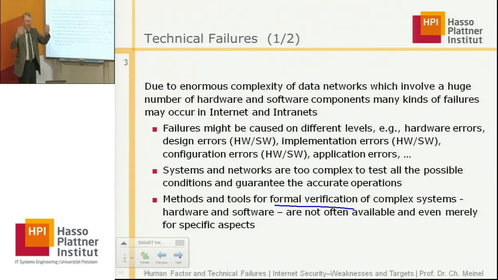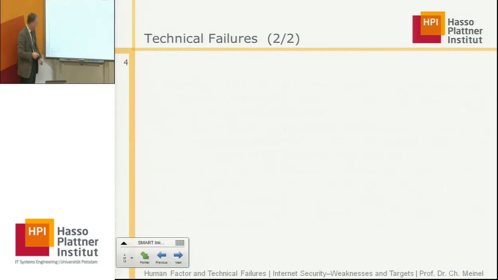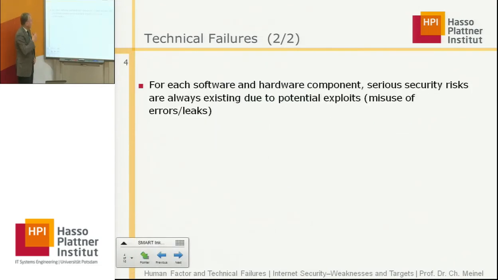But in practice, we see many systems with their failures which are connected over the internet, and the world of failures is exploding. For each of the software and hardware components, the problem with these failures is that serious security risks exist, which are based on these failures.